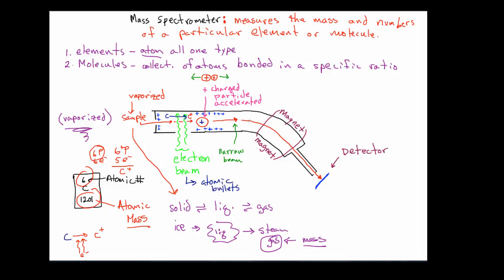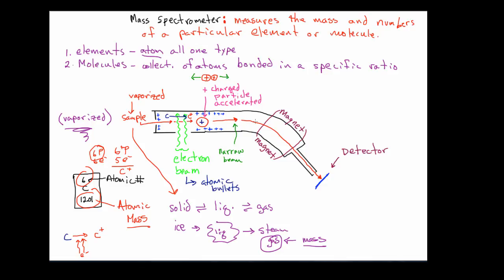So in a way, you're shooting it down a rifle barrel, is my point. And think about a rifle barrel. The barrel itself only has room for one bullet as the bullet moves down the barrel. So these particles have been converted into a positive charge. They're sped up, and the beam is narrowed down as if you're shooting the positively charged particle through the barrel of a rifle, for example.